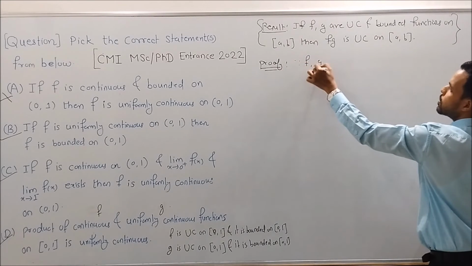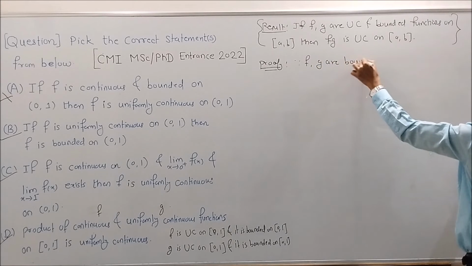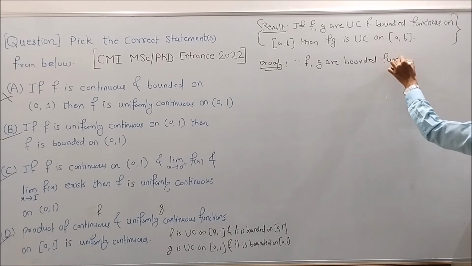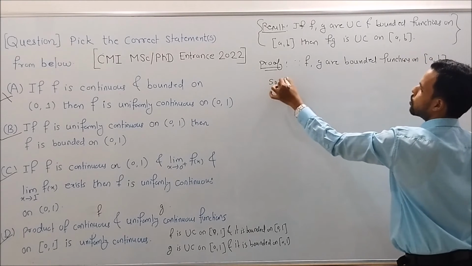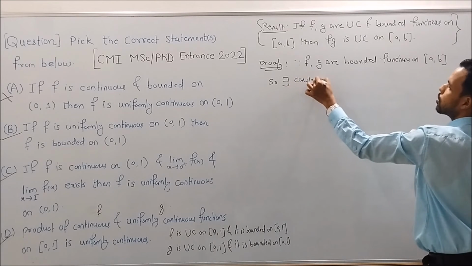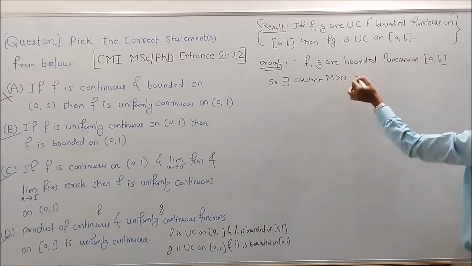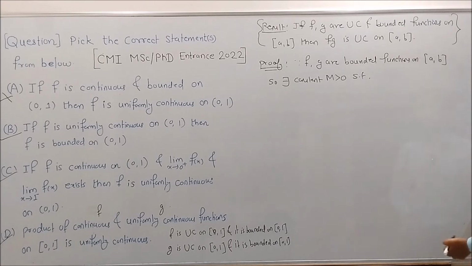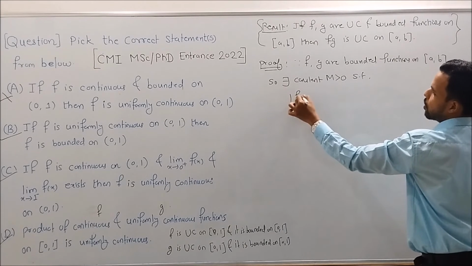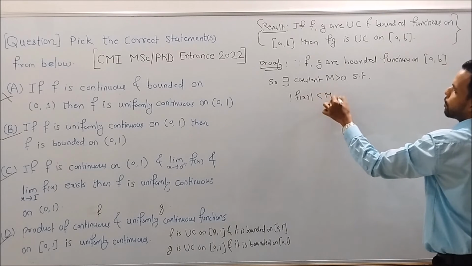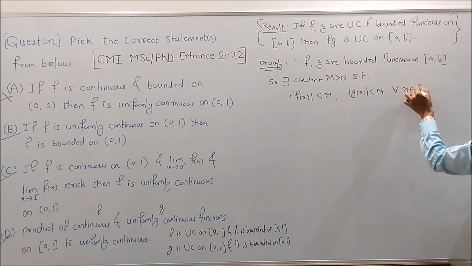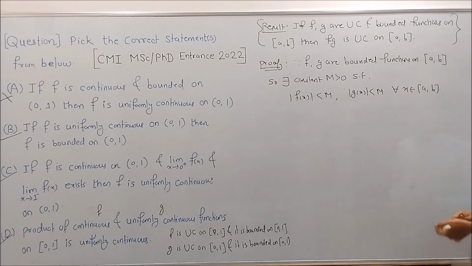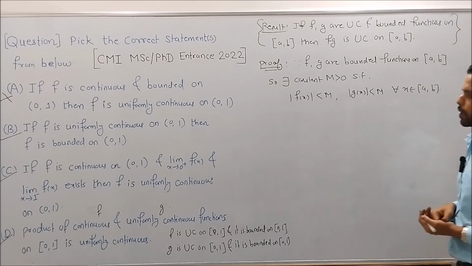Since f, g are bounded functions on closed interval [a, b], there exists a constant capital M greater than 0 such that mod of f(x) is less than M and mod of g(x) is less than M for every x belonging to closed interval [a, b].